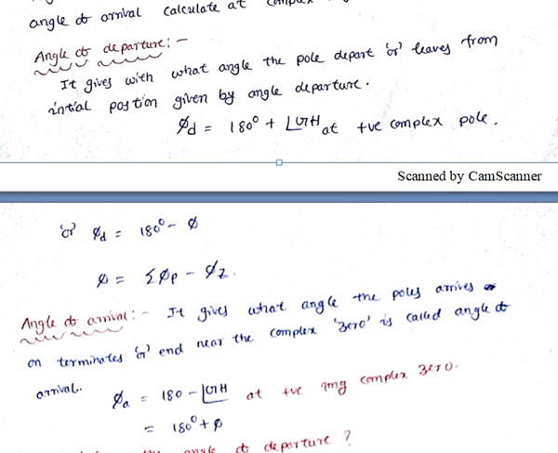The first formula is very easy compared to the second one, because you have to calculate the angle at only one pole to find the angle of departure. With the second formula, you have to calculate the angle at each and every pole and zero.